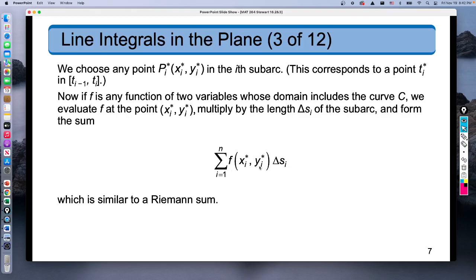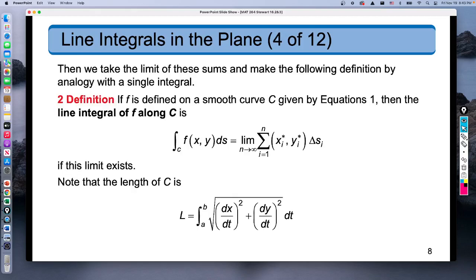We're multiplying that by the function value, and that gives us something similar to a Riemann sum. This is really just building the theory, saying, hey, we can integrate. When we get to the integration part, that's going to be very familiar. This notation just builds on the theory of Riemann sums that we've used in the past.